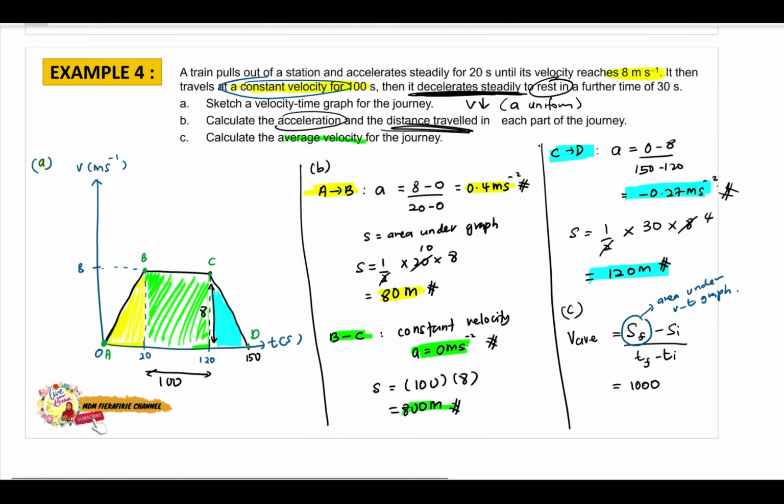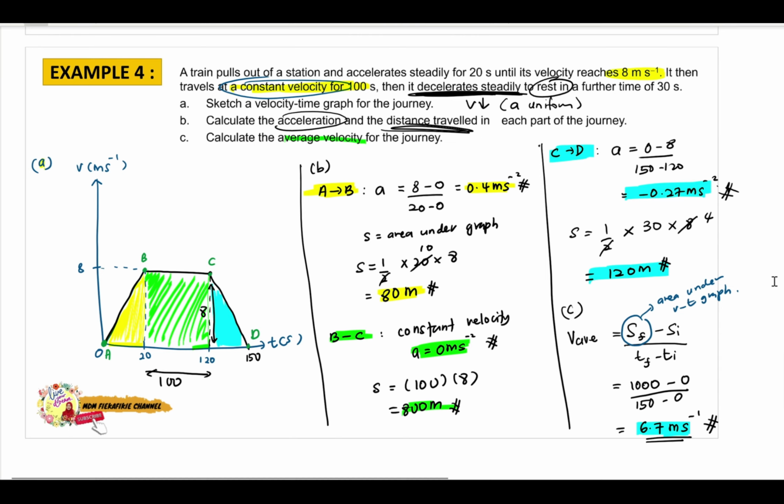Okay, so final displacement is 1000 meter minus initial 0 meter, and the time taken is 150 minus 0. So average velocity is equal to 6.7 meter per second. Okay, so this is the answer for question C.